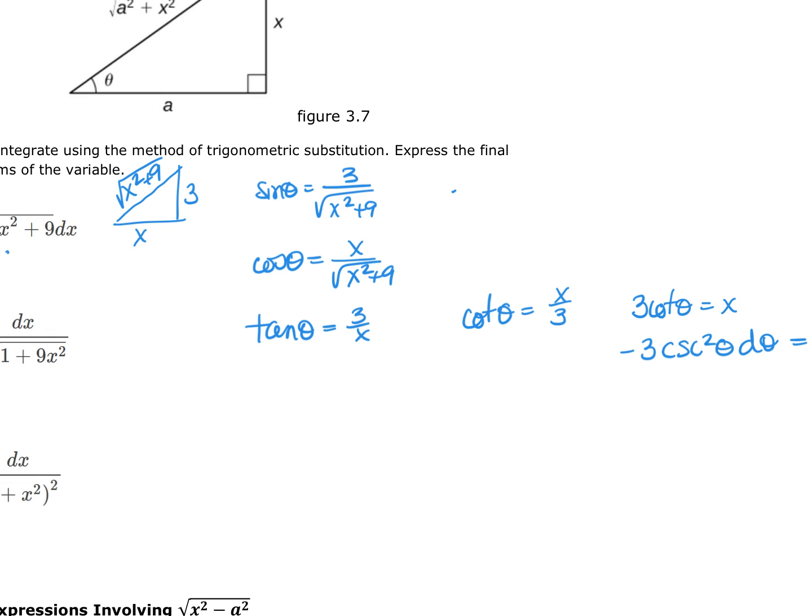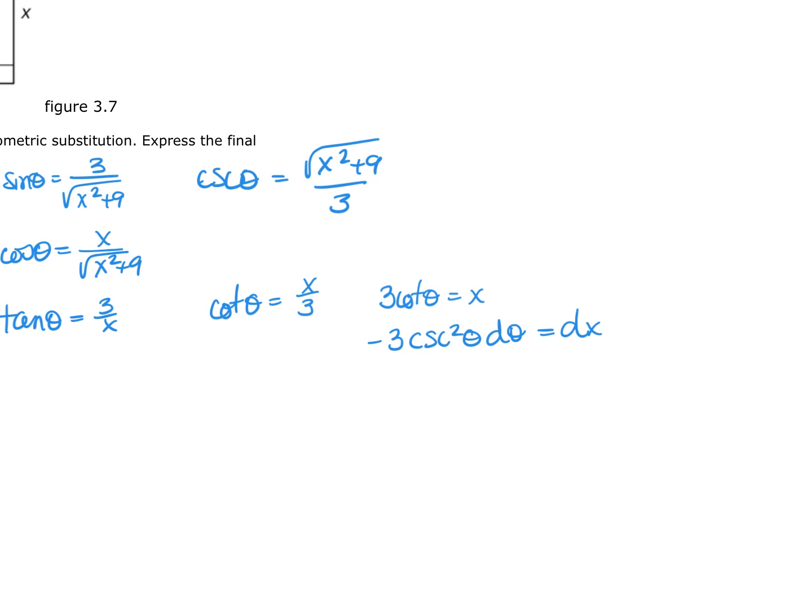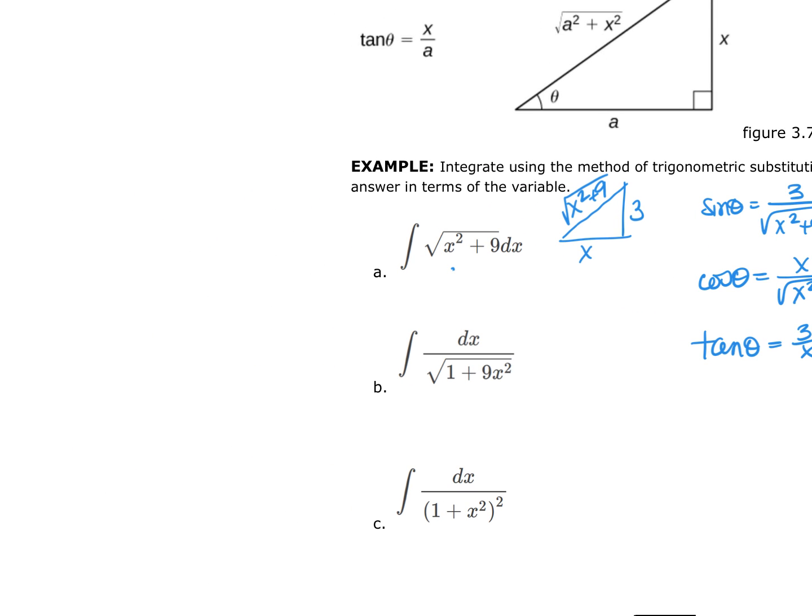So let's do the cosecant. The cosecant of theta is the reciprocal of the sine, so the square root of x squared plus 9 over 3 would be the cosecant. So now I have all my replacements using all those ratios.